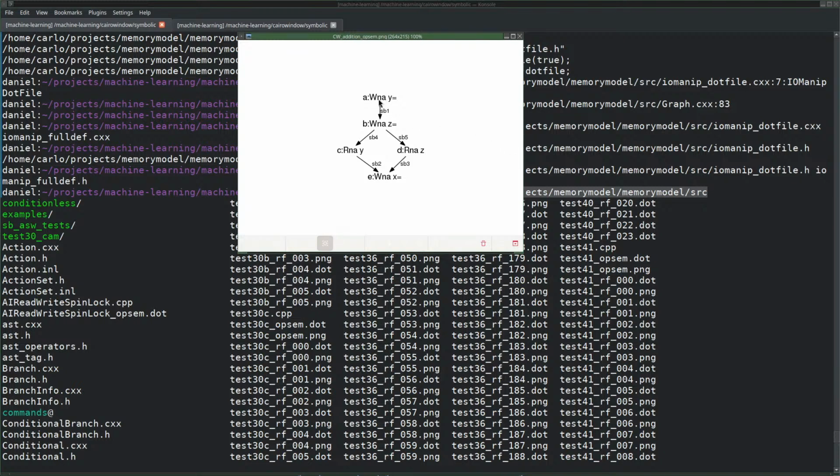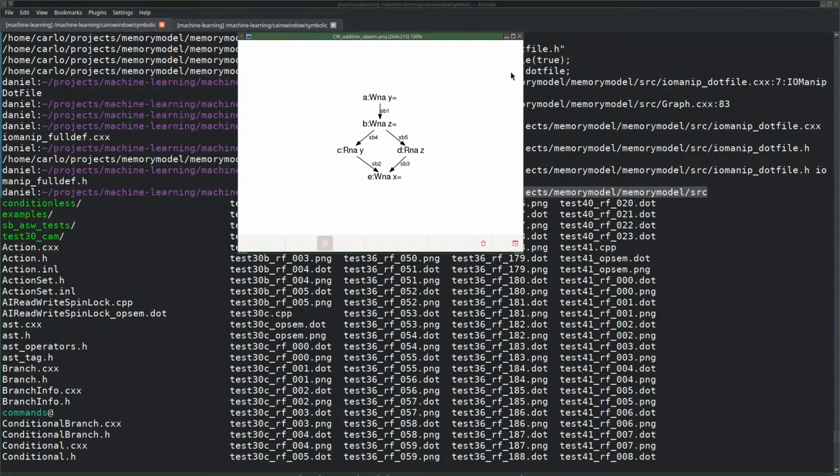There's a non-atomic write to the variable A. And then it is sequenced before the non-atomic write to the variable Z. And then that is sequenced before a non-atomic write to Y and a non-atomic read of Y and of Z. But you don't know which happens first, because you could do this one first and then that one or something like that.